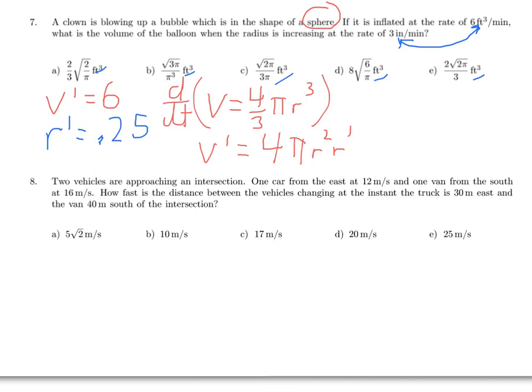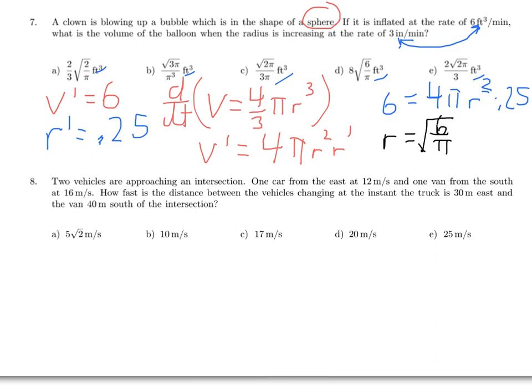Plugging in our numbers, we get 6 is equal to 4 pi r squared times 0.25. After a little bit of algebra, we see that r is equal to the square root of 6 over pi.